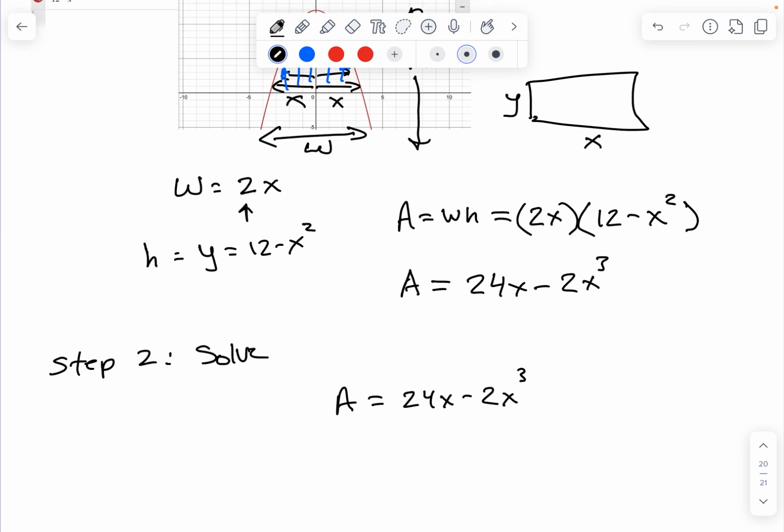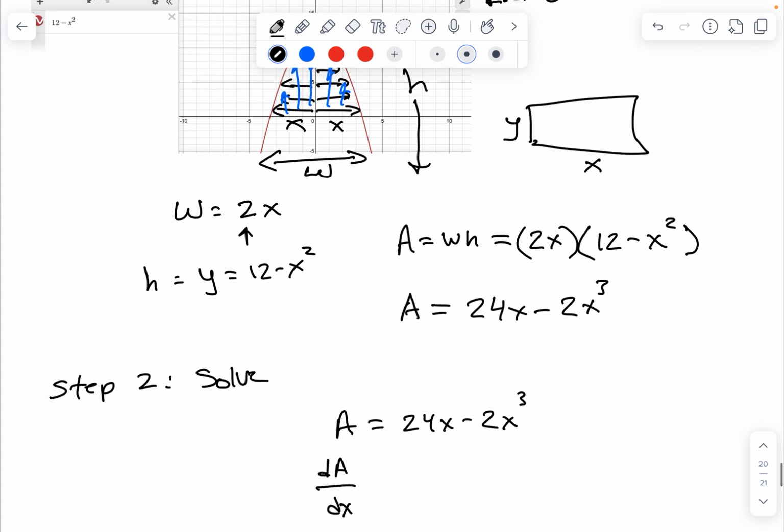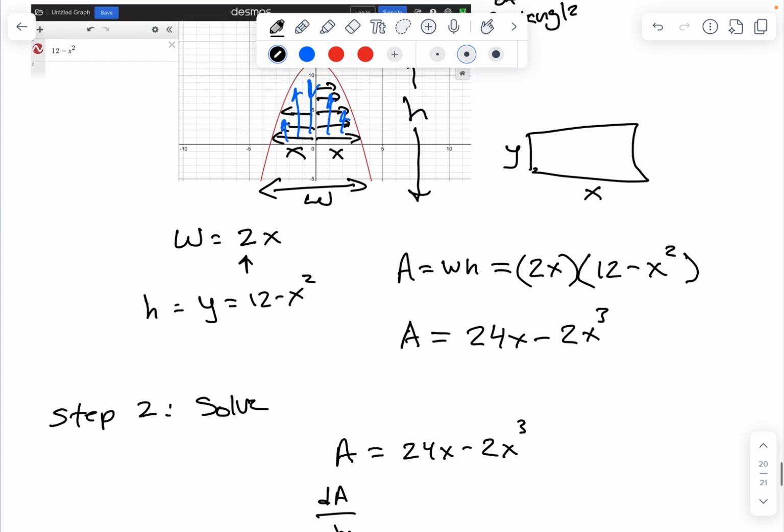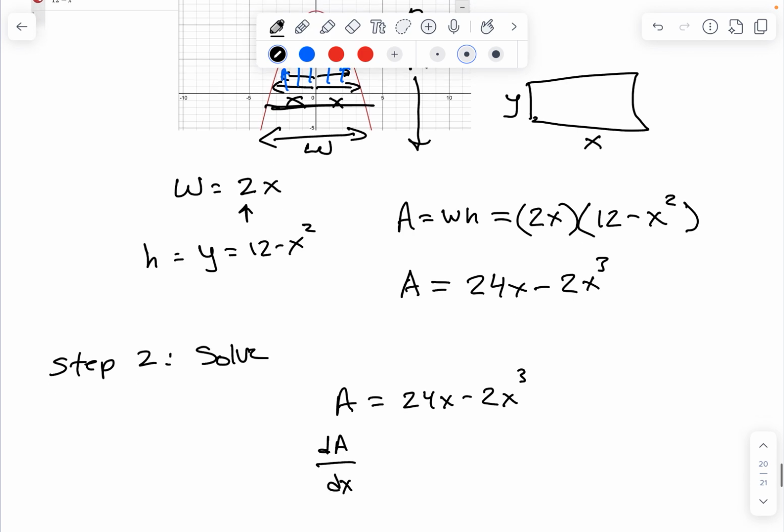So let's take the derivative of both sides. We're going to get dA/dx, and it's dA because we are taking the derivative of A with respect to x. x is this part right here. We want to know the change in height over the change in width. So that is why it's dA over dx.